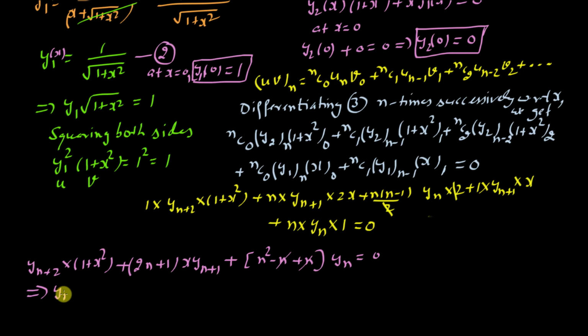Okay. So this is y(n+2) into 1 plus x square, plus (2n plus 1) x y(n+1), plus n square yn equal to 0.